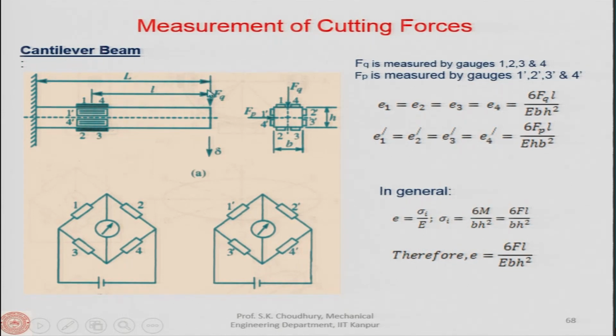Now, to measure these forces Fp and Fq, we can have two sets of 4 strain gauges, so that both Fp and Fq can be measured. If you see here, these show the 2 sets of 4 strain gauges. 1, 2, 3, 4 will be attached on this surface.